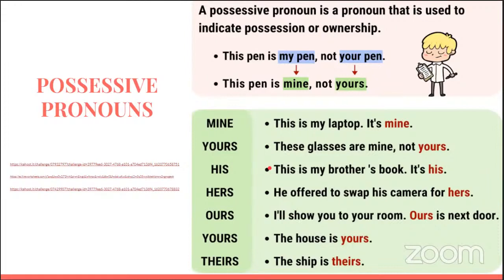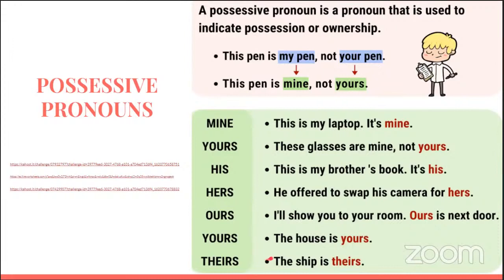It's his. He offered to swap his camera for hers. I will show you to your room. Ours is next door. The house is yours, and the ship is theirs. Yes, exactly.